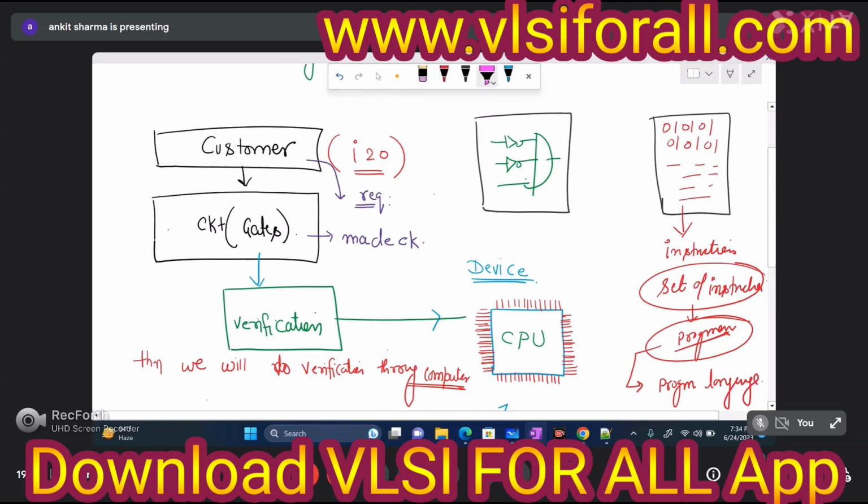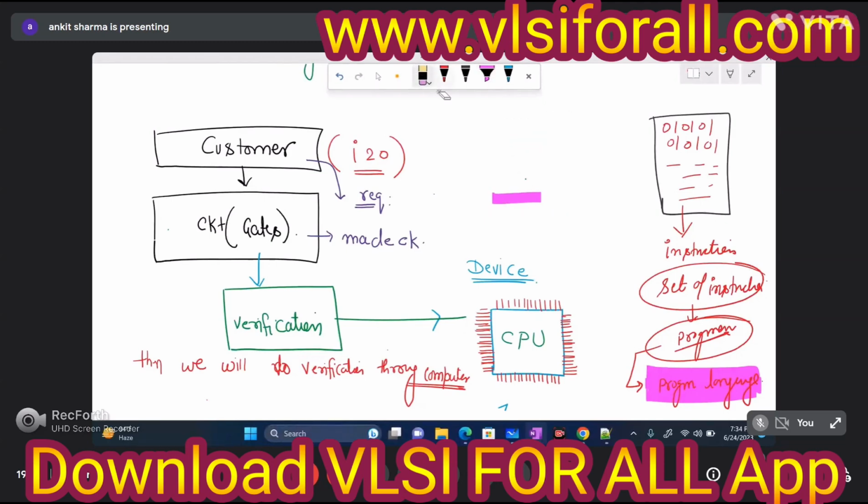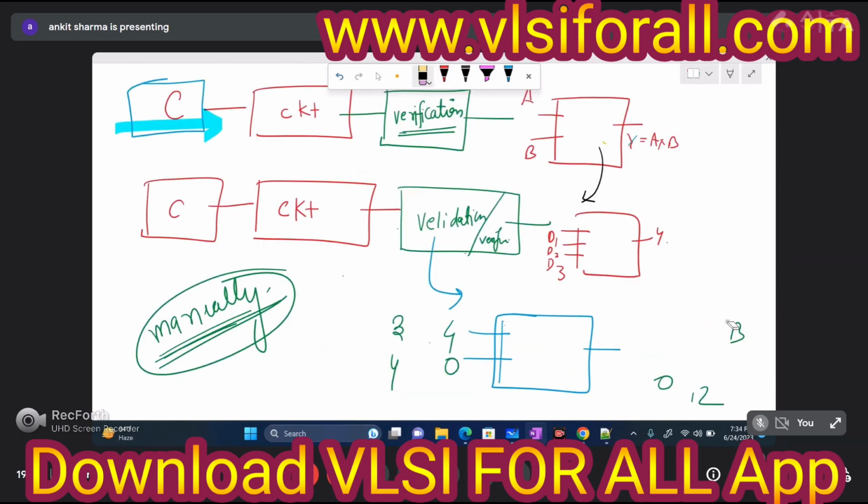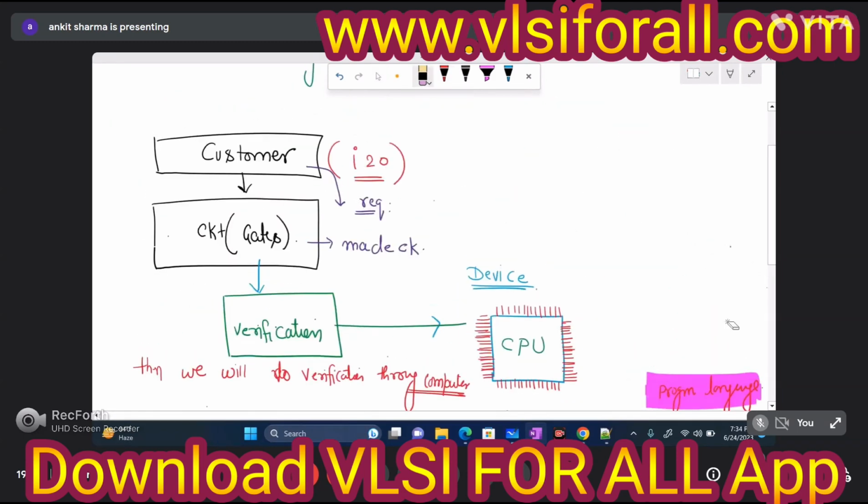So now on one side we have this symbolic circuit, that is an electronic circuit, that is a digital circuit, and on the other hand we need information in the form of a programming language. Then how do we do the mapping? So overall, collectively, I can say we need to do something.